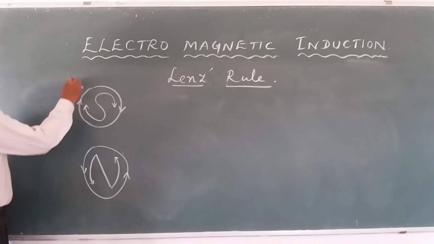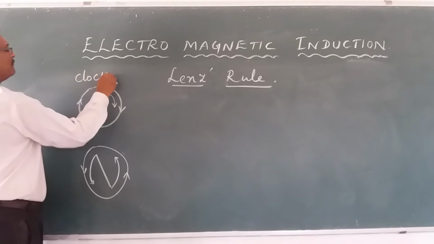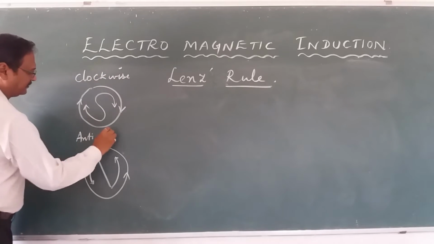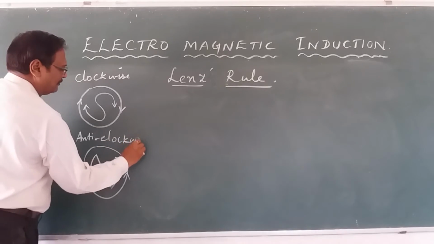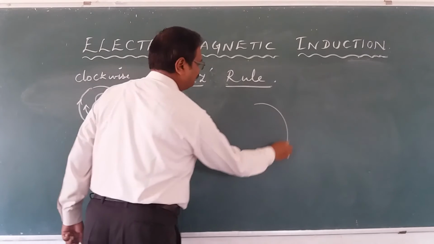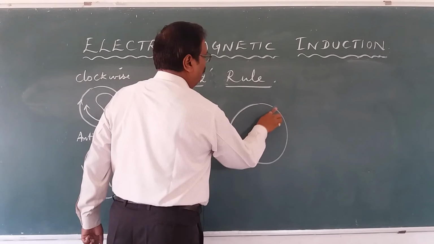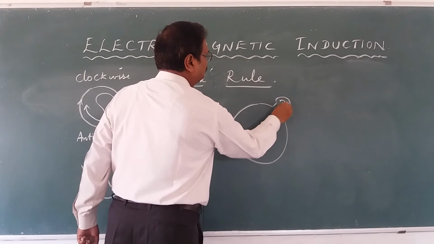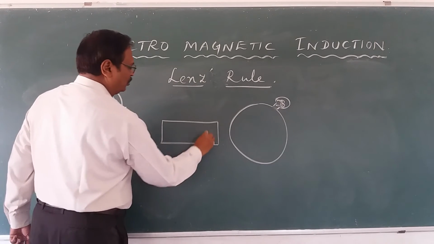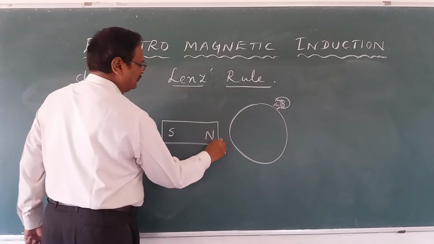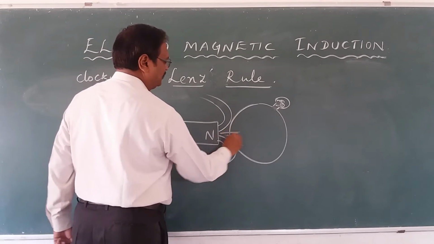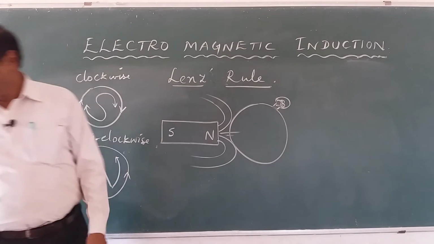So this is clockwise and this is anti-clockwise. Now I take the loop here. Let us connect a small LED bulb. Take a magnet, north pole and south pole, magnetic field, and hence it cuts the coil, magnetic flux.